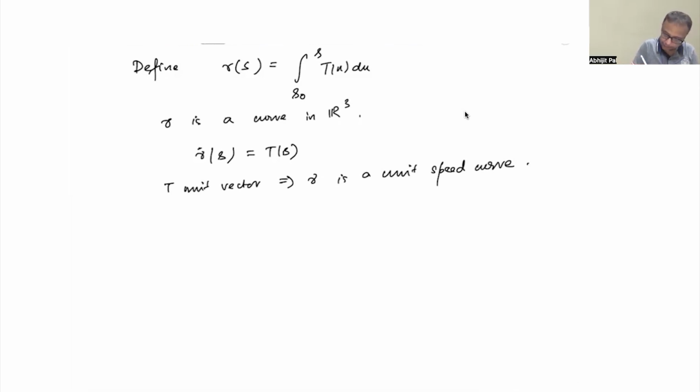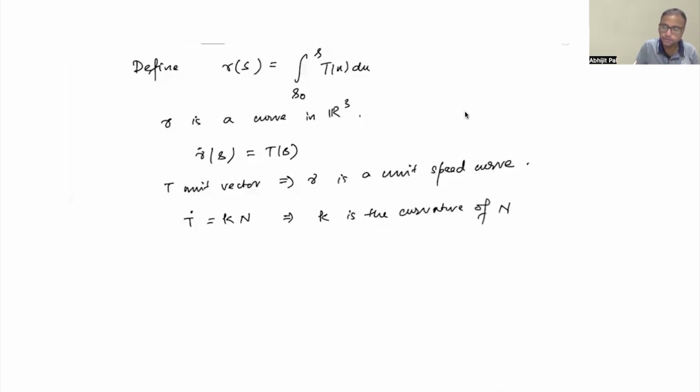And this T dot is equal to kN. So this will imply that k is the curvature of gamma.